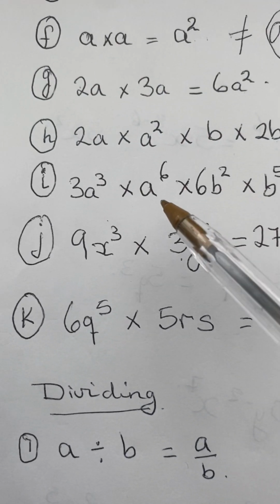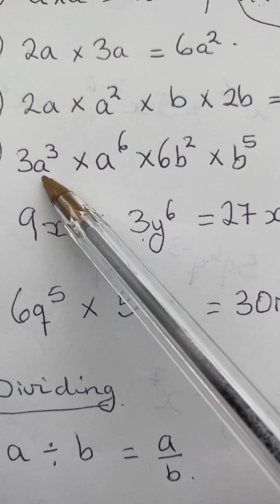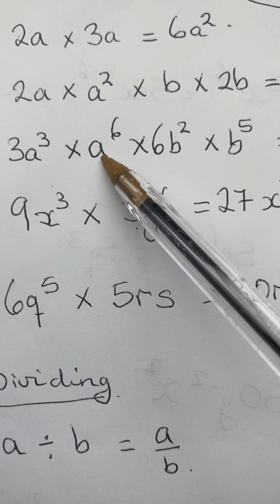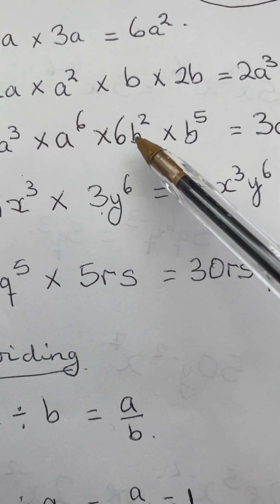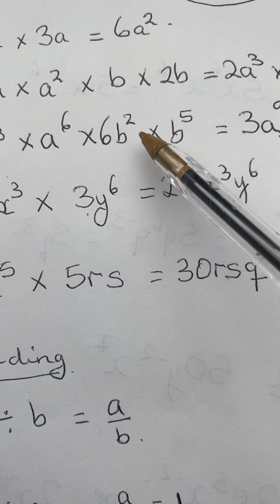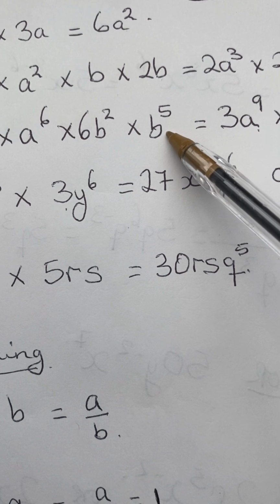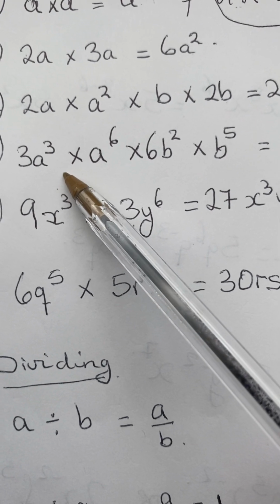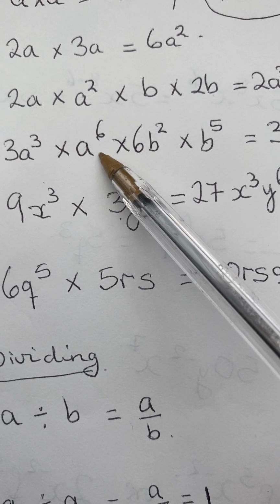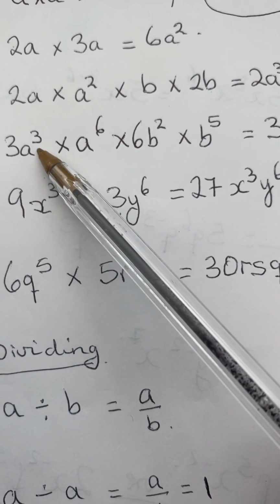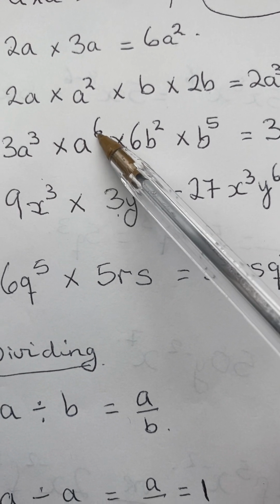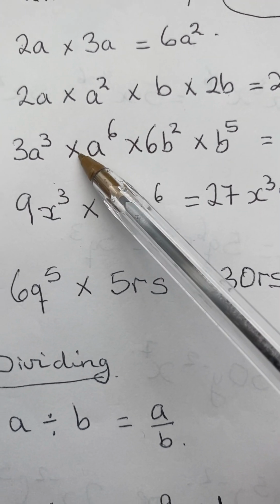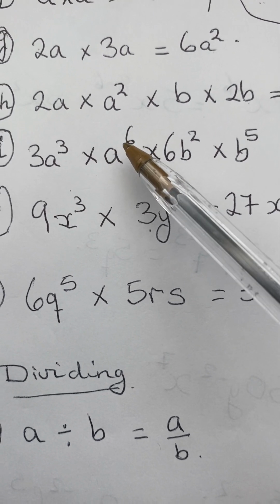Okay, from here we go to I. So 3A cubed times A to the power 6, times 6B squared times B to the power 5. Okay, so now we have 3A cubed times A to the power 6. Yesterday we said if you have A times A times A times A is A to the power 4.